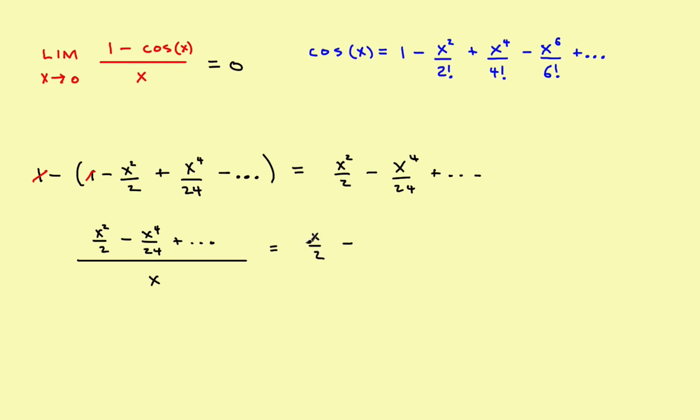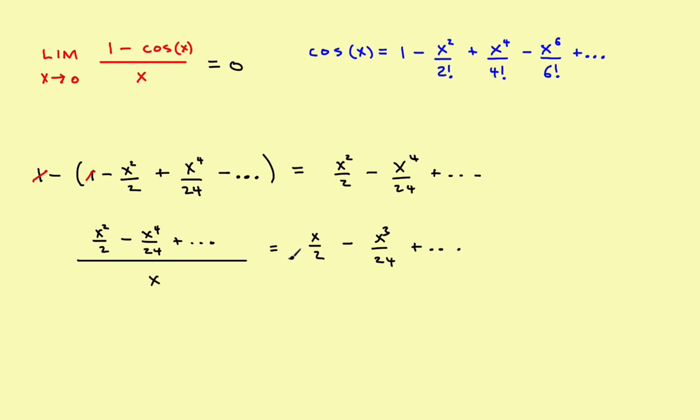Then you've got a minus. x to the 4th divided by x would give you x cubed divided by 24. Then you'd have a plus, and you've got the rest of it. So this power series right here represents the entire quotient, 1 minus the cosine divided by x.